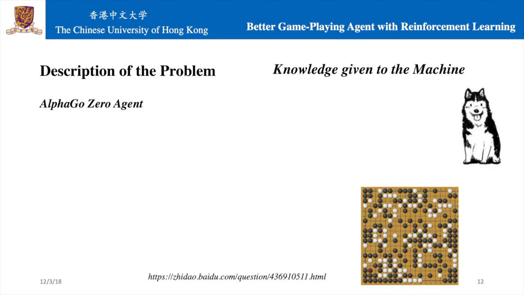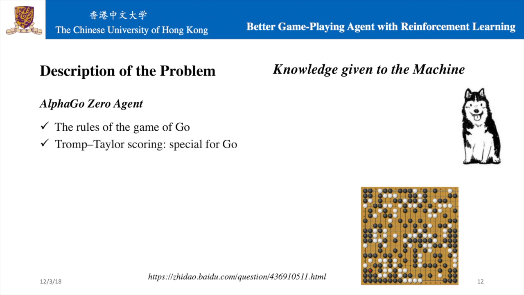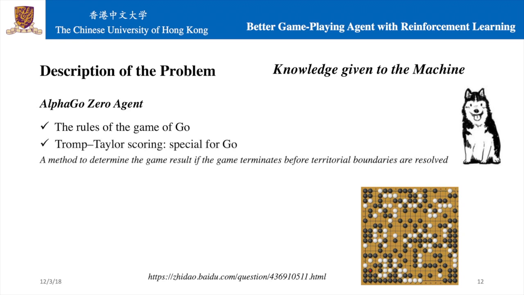So in Google DeepMind's paper, they mentioned that the game is trained from scratch and without human knowledge. Actually, there is some human knowledge given to the machine, but it's very limited. So the rules of Go is given. A special scoring function to determine the winner is given.